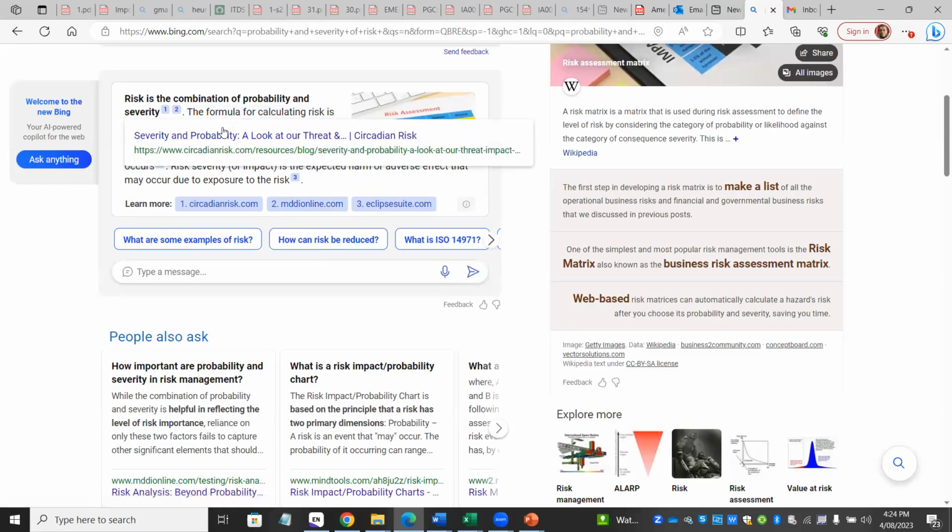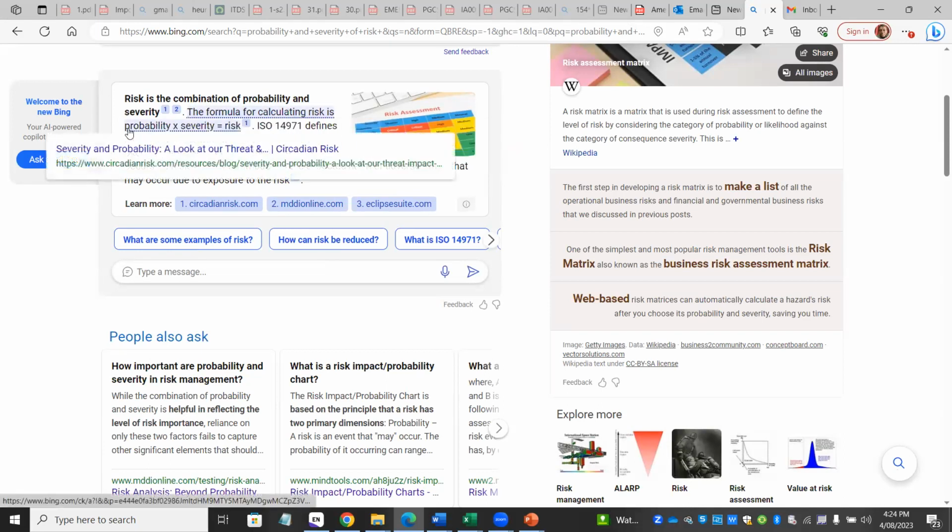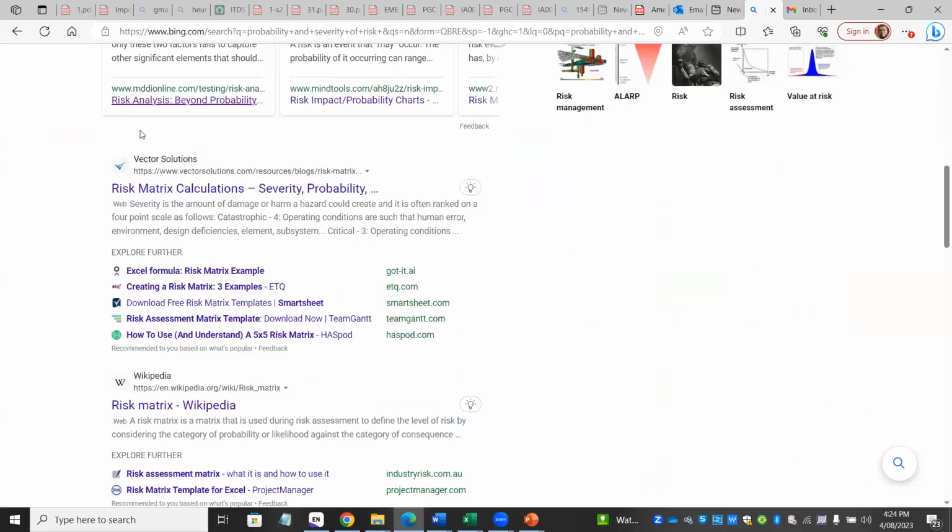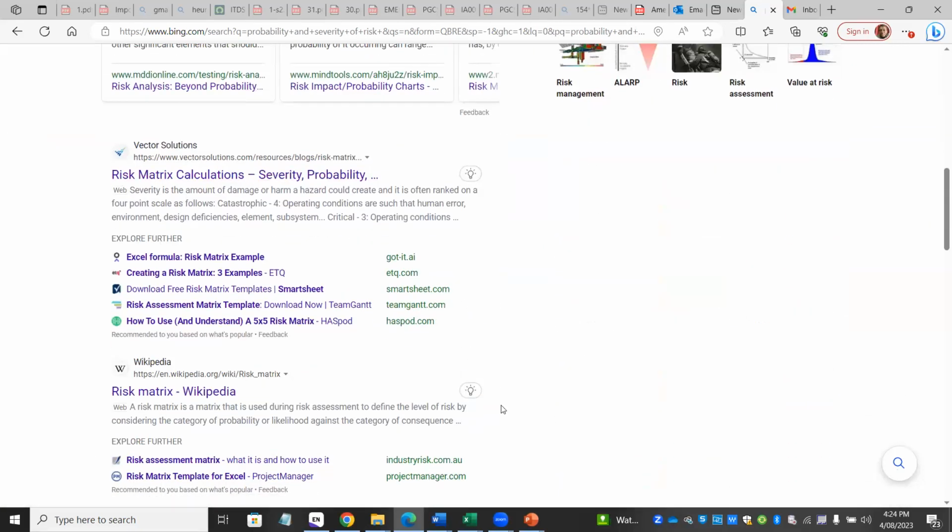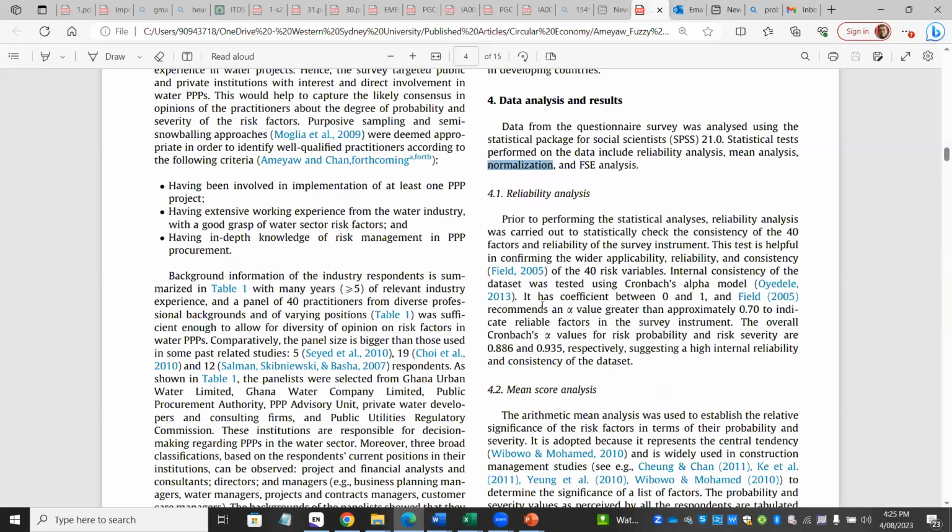Others also call it the risk formula, which has two sections: the formula for calculating risk is probability and severity. Others call the severity the consequences of occurrence, and others call the probability the chance of that event happening. Any of them is acceptable. Okay, let me keep going so that we don't waste too much time.